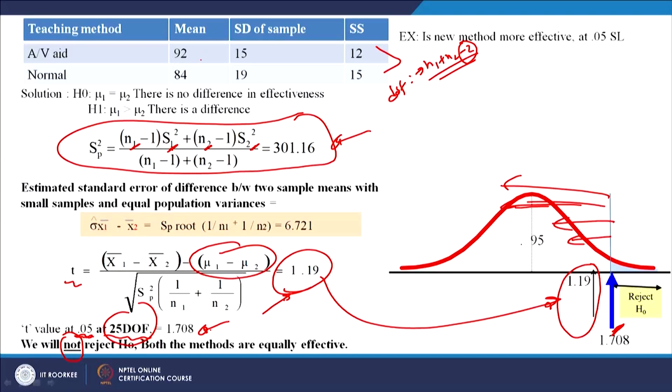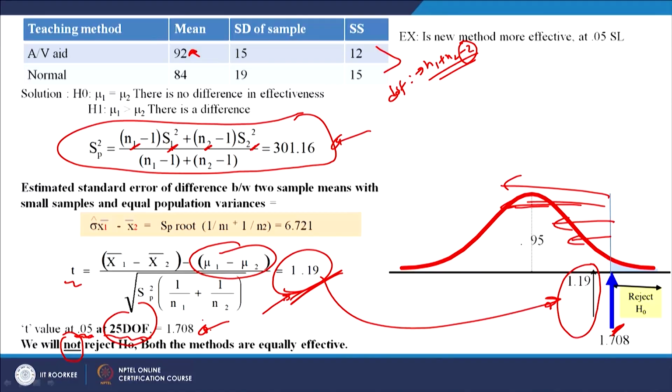There is no significant difference in the effectiveness of these two methods, that is our conclusion, right. Though the mean looks like this method is better, it is not so. Statistically there is no significant difference in these two methods.